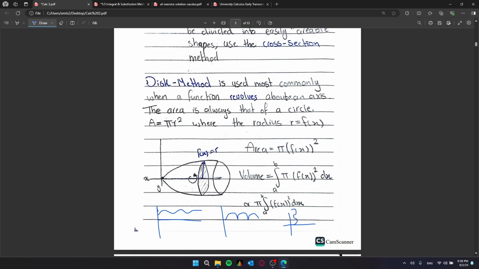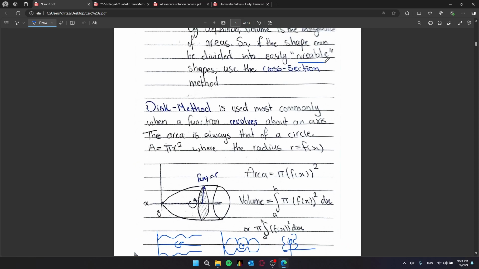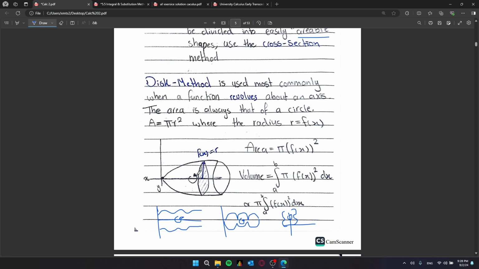As long as the function revolves around an axis to form a shape, I'm trying to mirror the graph here, but not working very well. As long as it revolves around any axis, it's going to form a shape that is easy to find the area of, and then when you integrate from the start of the shape to the end of the shape, you'll be able to find the volume.